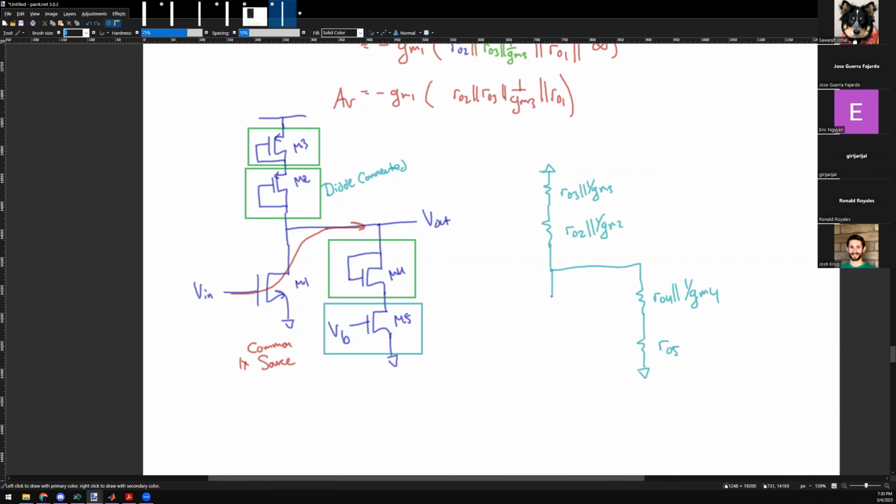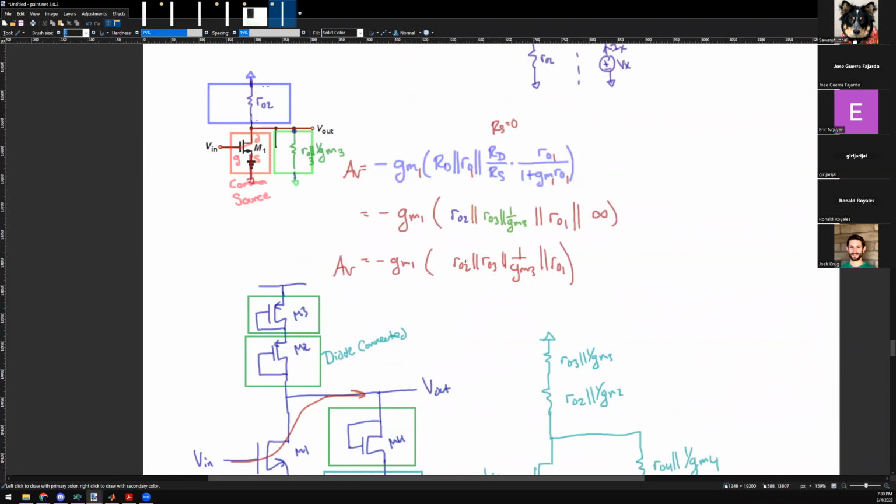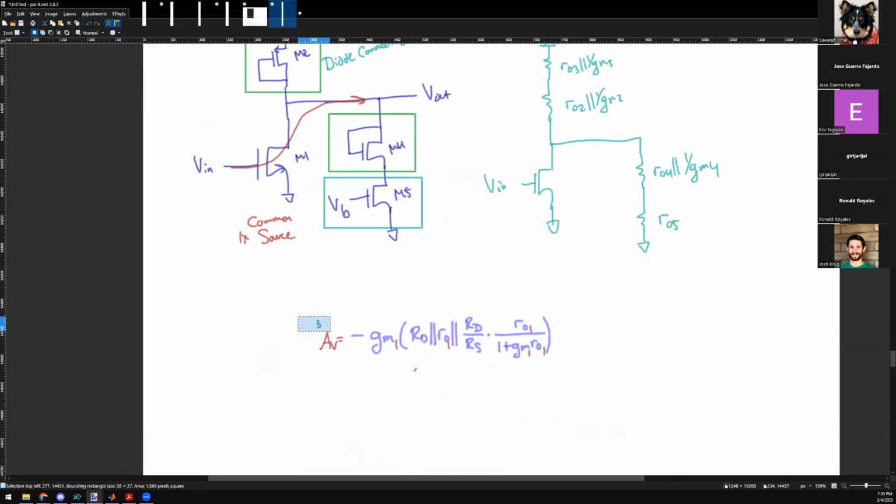Then we have this common source stage, right? Here's the equation I derived for you guys. The proofs, you're going to explore. So it's equal to negative GM1, if this is M1, in parallel with whatever the drain will see.